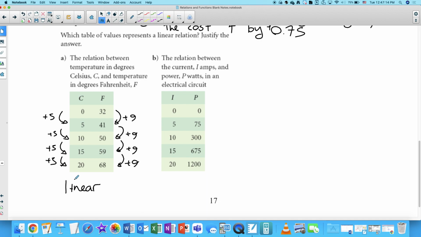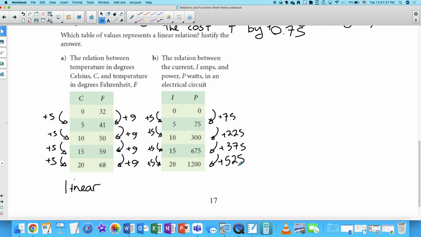Nope. So these again go up by 5. Okay, these here, first it goes up by 75, and then it goes up by 225, and then it goes up by 375, and then it goes up by 525.